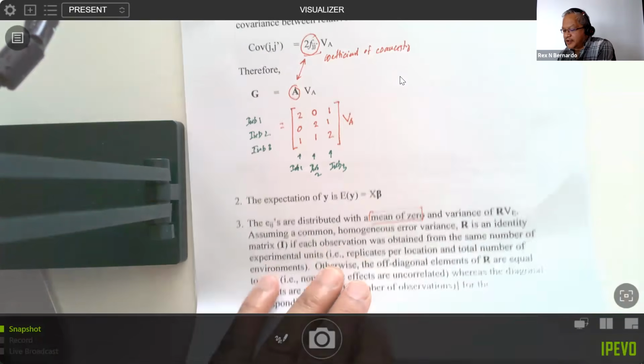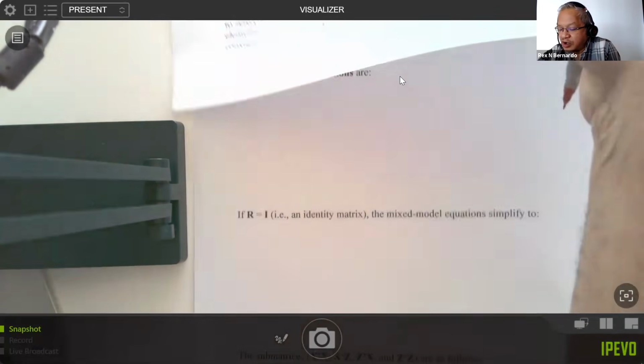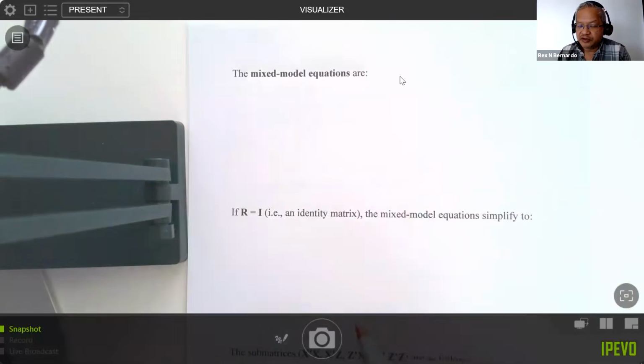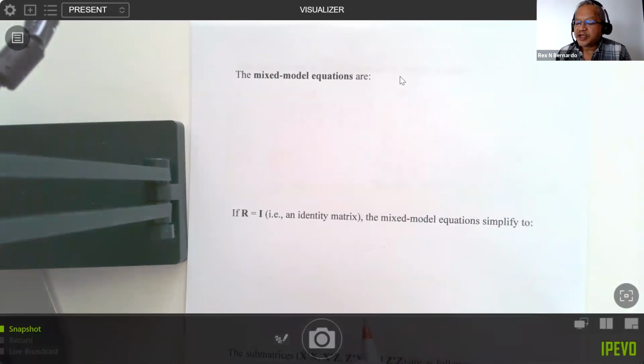Okay. Now we will put together what are called the mixed model equations that we would need to first put together and then later solve. So we actually won't be doing any solving because we have a larger number of equations than we can conveniently solve by hand.